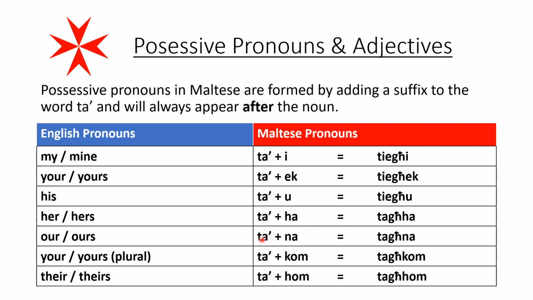tagħha, tagħna, tagħkom, and tagħhom. And so there's another point of pronunciation for tagħha and tagħhom. So you notice again, why is it pronounced the h if they're supposed to be silent letters?